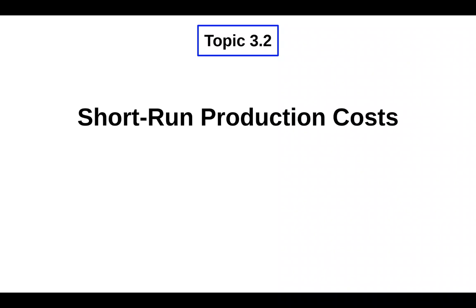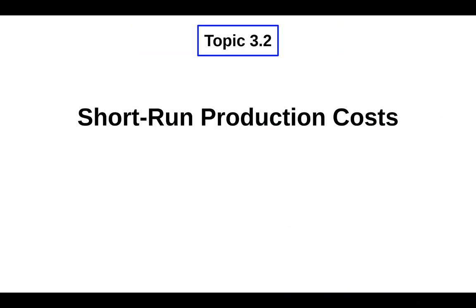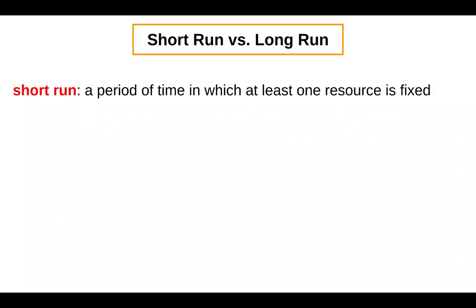And so it's really important that we do a good job with this topic, which looks at a firm's costs. Let's start with the difference between short run versus long run, because that is referred to in the title of the section, short run production costs. Short run is a period of time in which at least one resource is fixed. Remember, a fixed resource is a resource that does not change, it's constant.